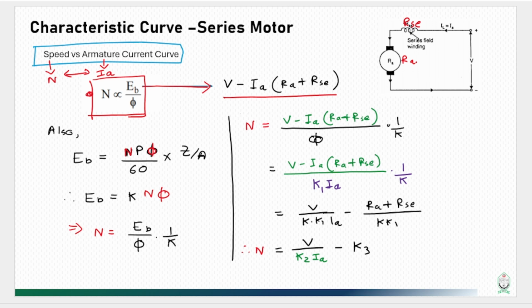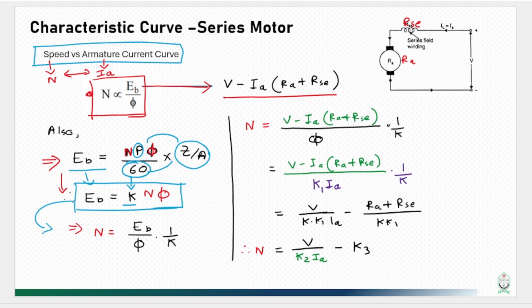So again, the back EMF can be written as this also. Now if we go from this to this line, we will see that in the back EMF equation, this P is a constant, Z by A is a constant, and 60 is a constant. And if you replace these constants by a single constant, this equation becomes simplified, and this is the version of it.